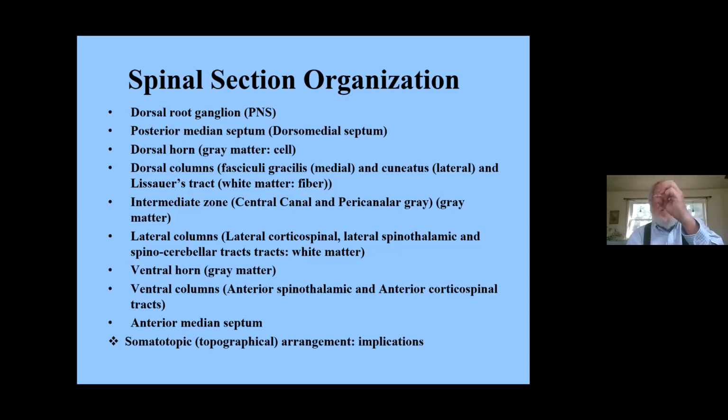So right down the center of that intermediate zone is going to be the central canal, which of course has CSF. And then there is going to be an area of gray matter, all cells, called the pericanal gray, which immediately surrounds the central canal.